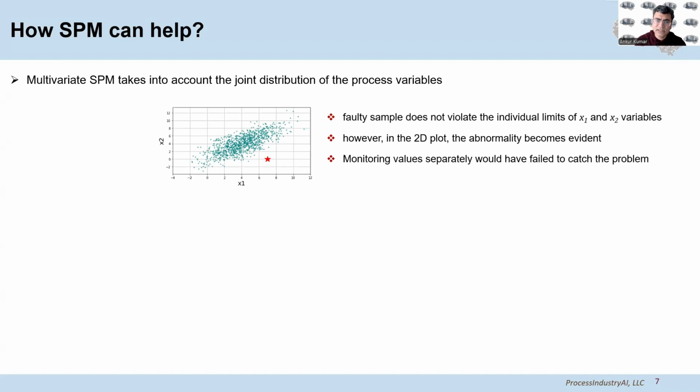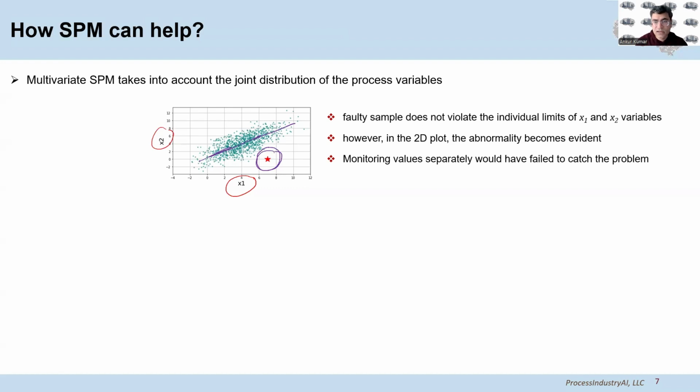For example, consider this simple hypothetical 2D scenario where we have two variables x1 and x2. Now, this data point in red clearly comes from a faulty operation because, as we can see, it deviates significantly from the normal correlation among the process variables, right?